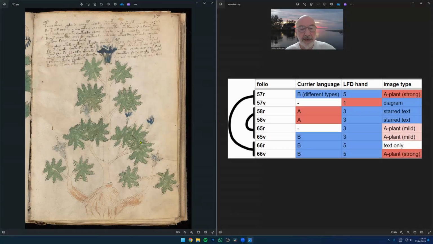Historically, this quire, and it's really sad that we have only two sheets of it, has been considered a kind of transition folio. It is the end of the early herbal part. After this, we get the cosmological part and the astronomical part. So its location in the manuscript is already a bit of a transition point, and since it has this mixture of different things, in that sense it could be some kind of a transition point.